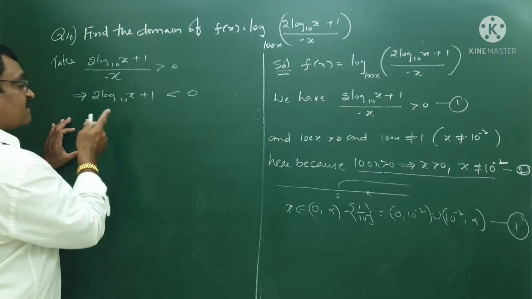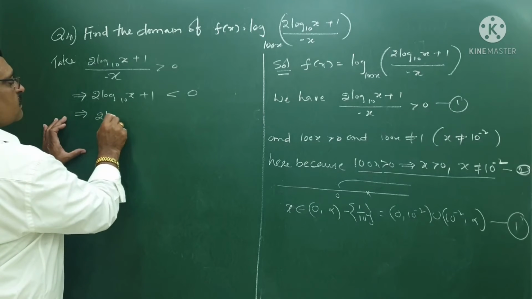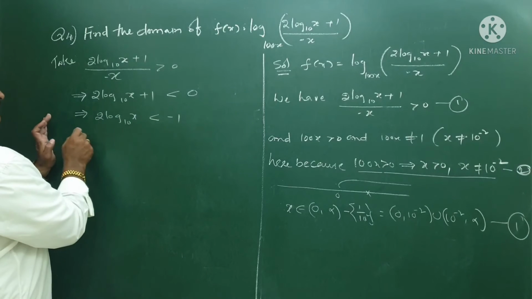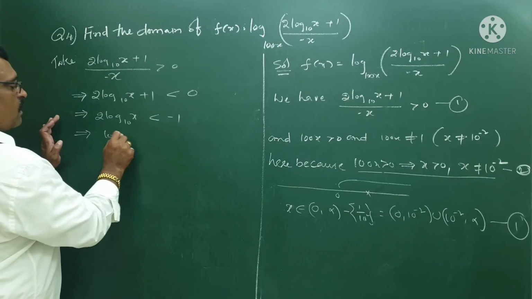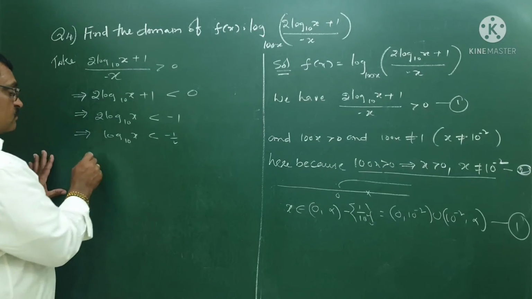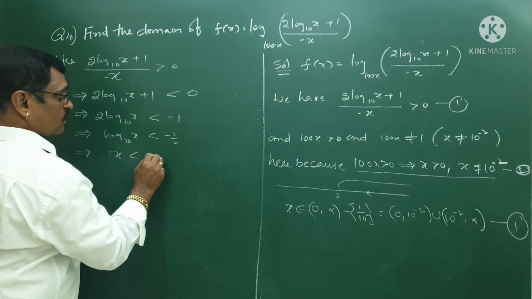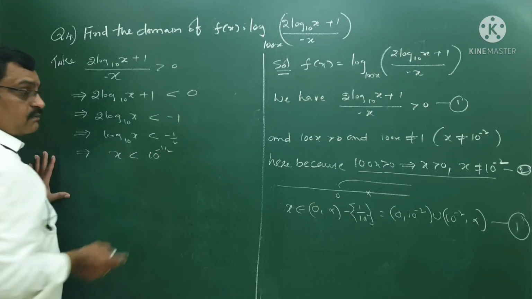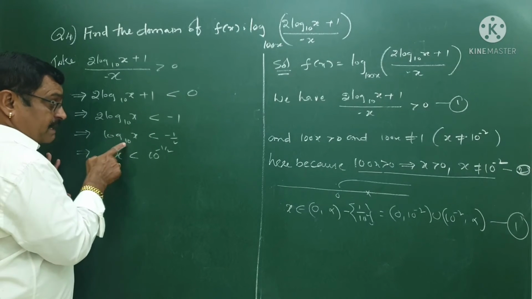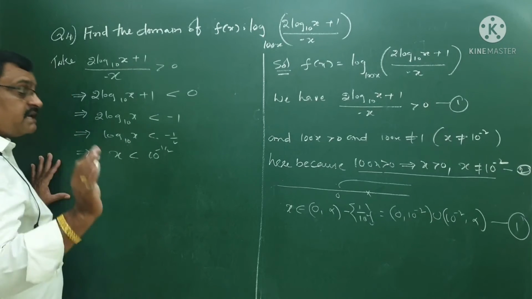By using cancellation, or I can go for 2 log x base 10 is less than minus 1, or log x base 10 is less than minus 1 by 2, or my x is less than 10 to the power of minus 1 by 2. The inequality sign remains less than because this 10 is more than 1. No change in the inequality.